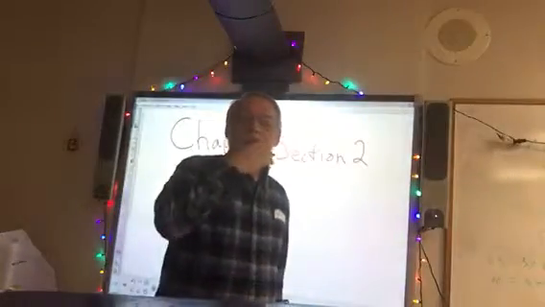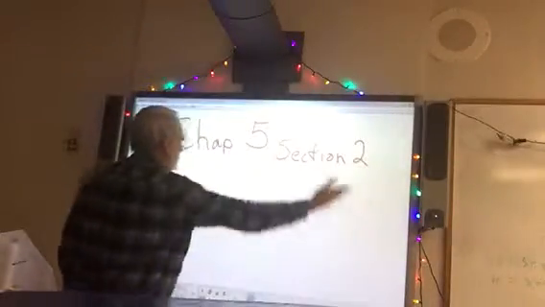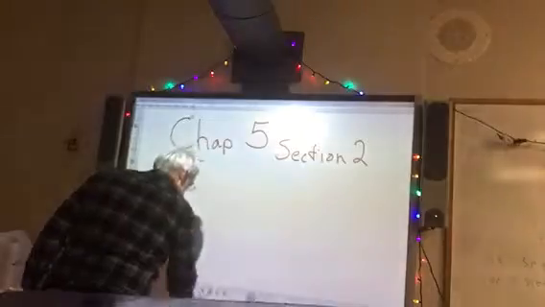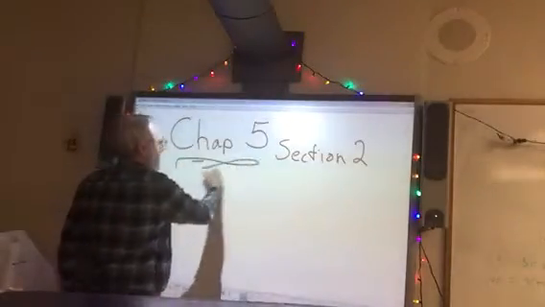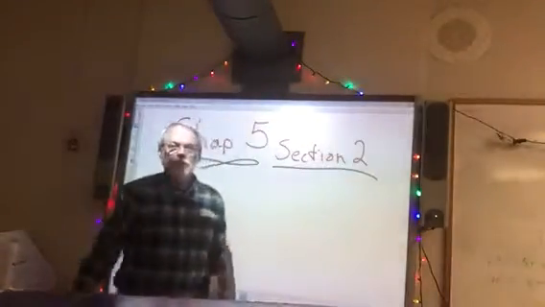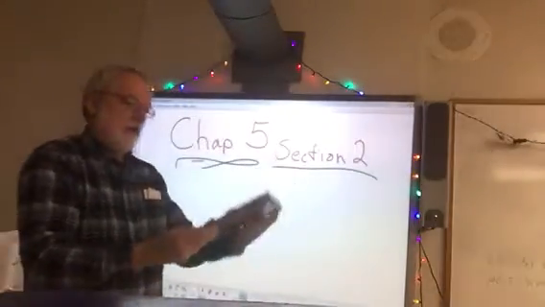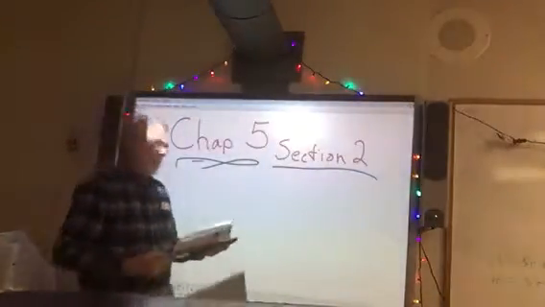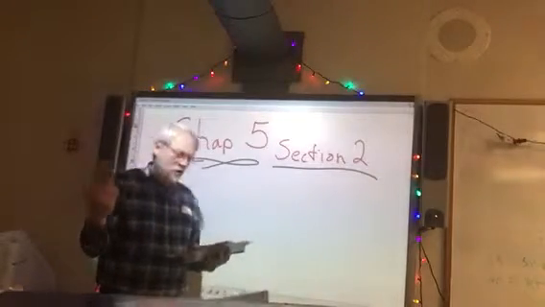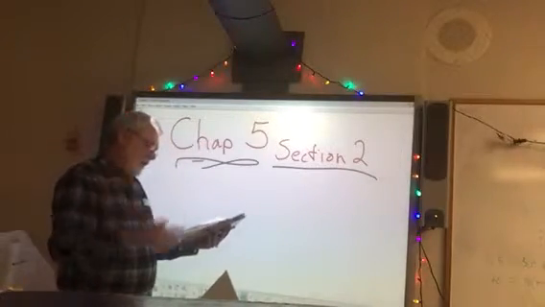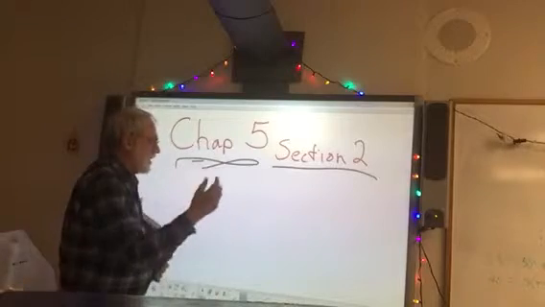Anyway, here I am. We're going to look at Chapter 5, Section 2, which is about, you can see that right there, polynomial sums and differences. So first we have to define a polynomial. A polynomial, this is a general thing.